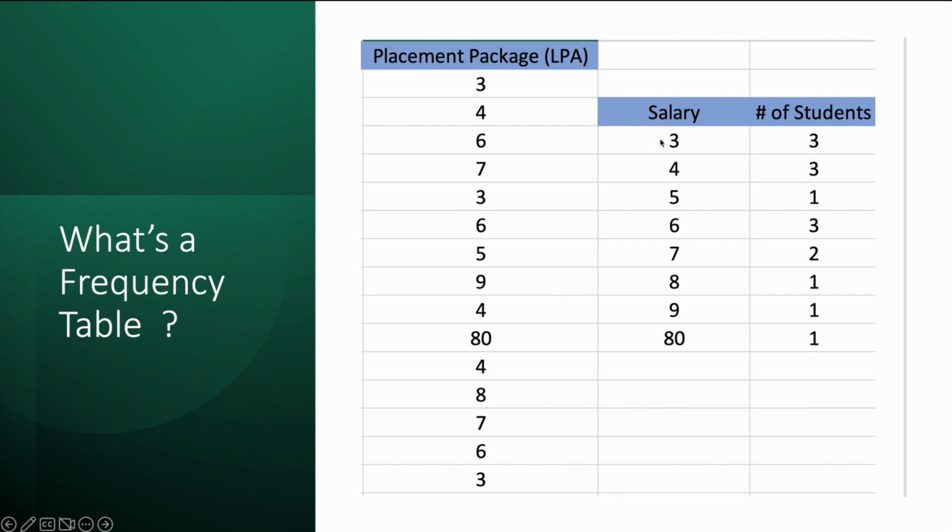When I put a frequency table around this, by frequency table I mean these salaries: how many distinct salaries are there and how many students got those salaries. So a 3 lakh salary was received by 3 students, a 4 lakh salary was received by 3 students, 5 was received by only 1 student. Similarly, 80 was received by only 1 student.